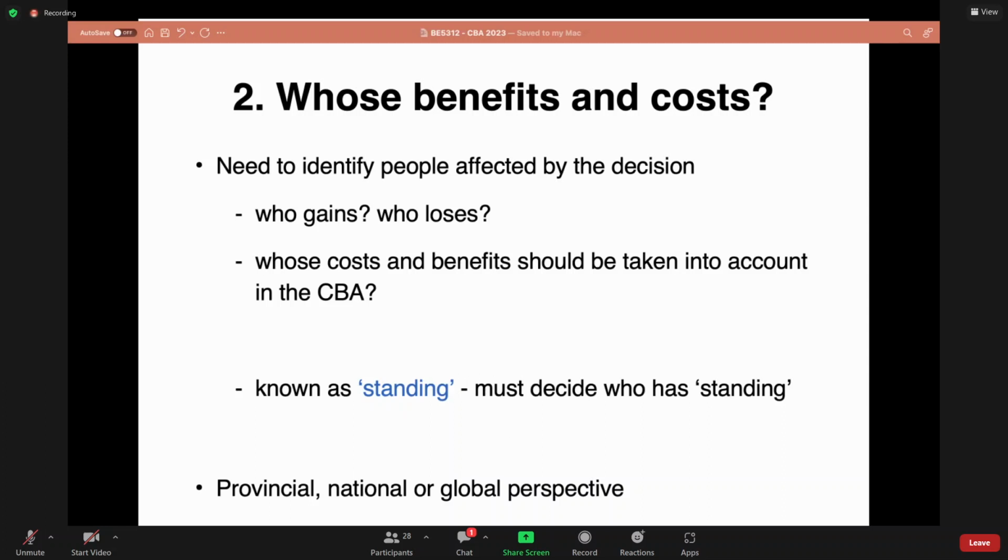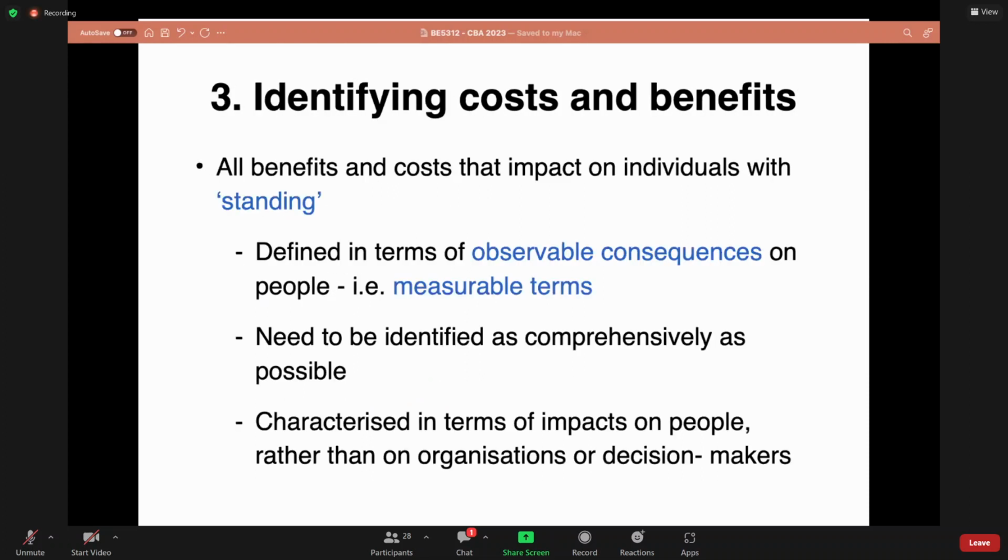The parties whose costs and benefits we take into consideration are known as people or parties with standing. So we take into consideration the costs and benefits of the parties with standing, whether at provincial level or national level.